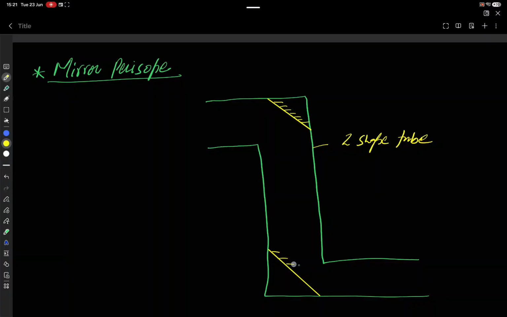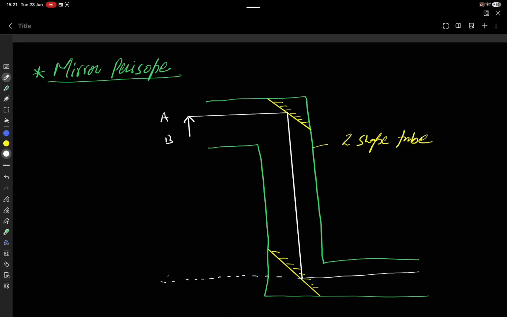It has a Z-shaped tube. So we have the object A and B, and these mirrors are inclined at 45 degree. This is also 45 degree. So the next.